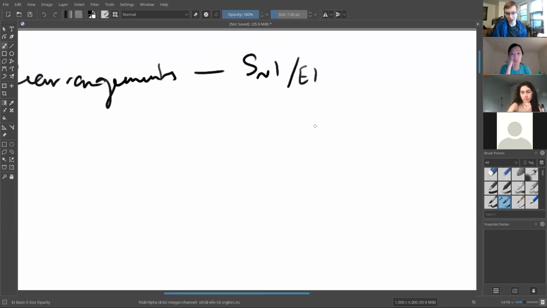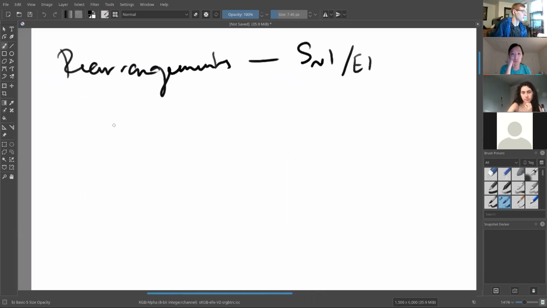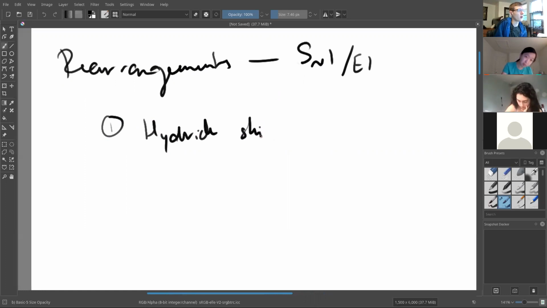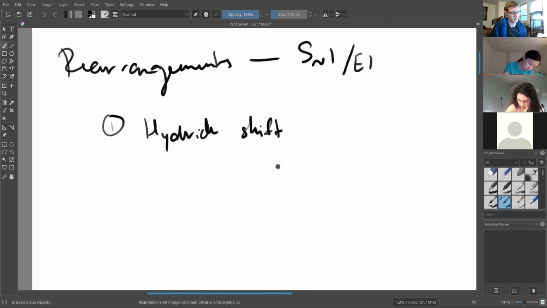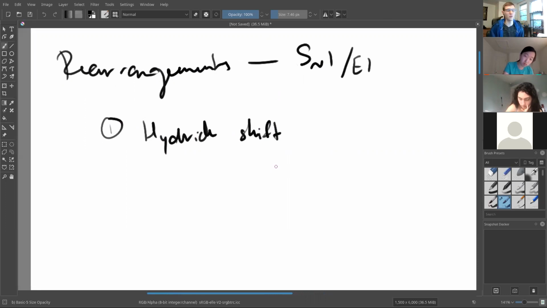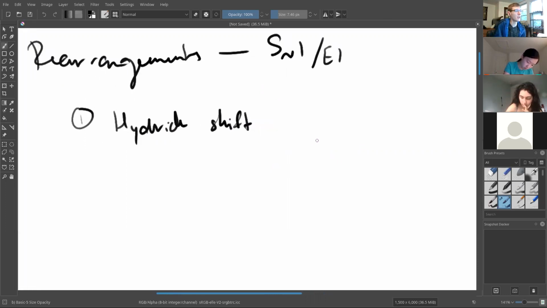So there are two things that can happen, right? One of them is called a hydride shift. These are both called shifts. The first one is a hydride shift, meaning we move a hydrogen.